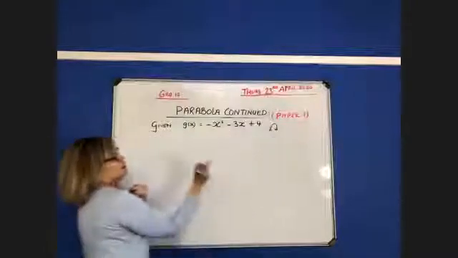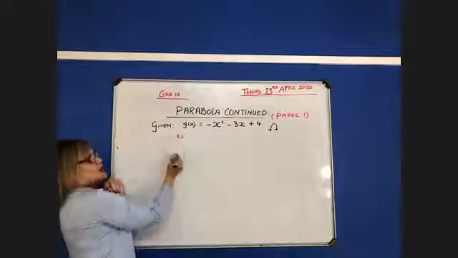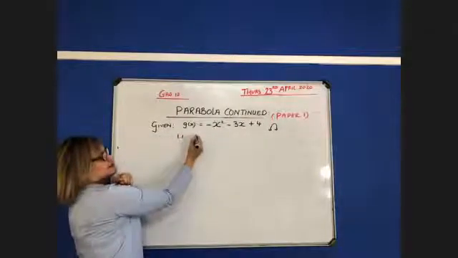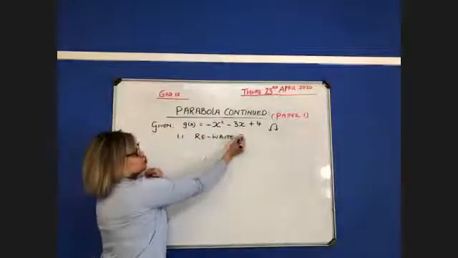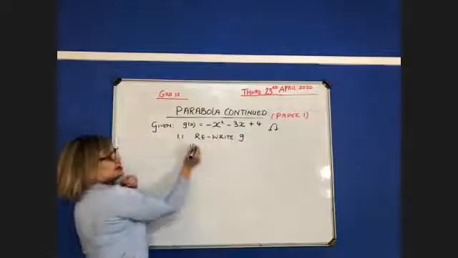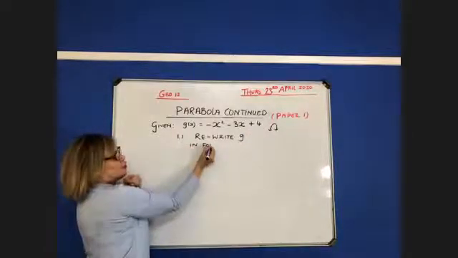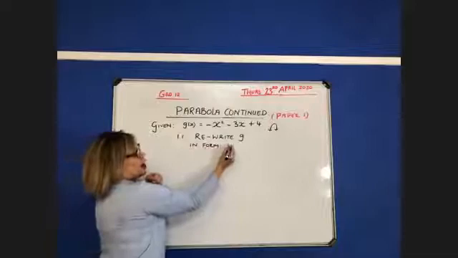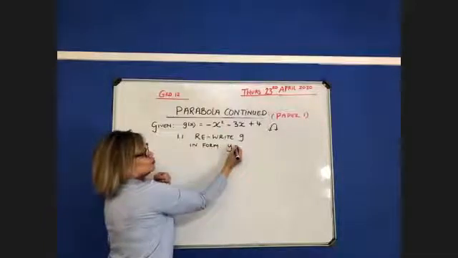Now, the first question, 1.1, is they want us to take the graph g, this graph, and rewrite it in the form y equals a(x plus p) squared plus q.